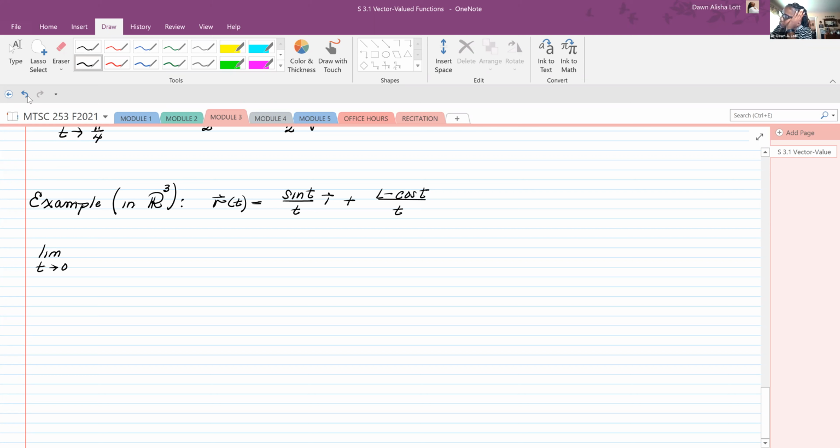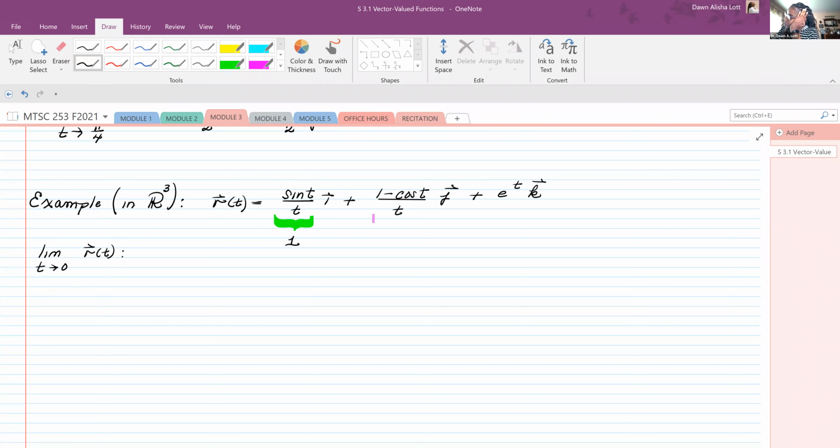Nope, I want 1. j plus e to the t k. Okay, so what is that limit? Well, you just got to compute them separately. So this limit as t goes to 0, well, that limit is 1.